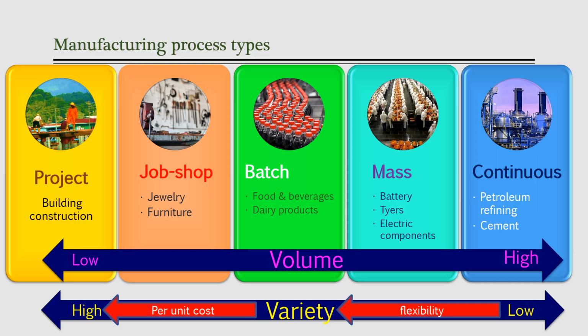When we are doing homogeneous production for large quantities, the cost per unit is low. So I think you have a clear understanding by going through this, how the volume and variety change in an inverse relationship and how the cost per unit and flexibility increase depending on the variety.